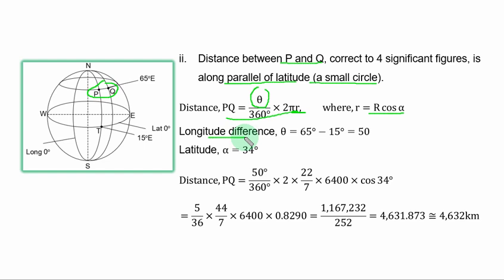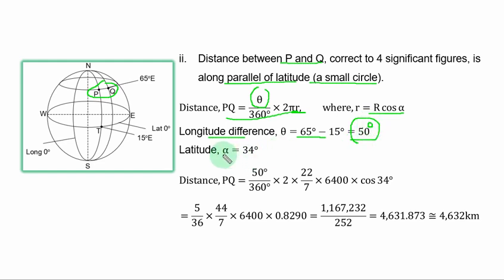Since the points are on the same side of the equator, that is P and Q, the angular difference is through subtraction. So you have 65 degrees minus 15 degrees, and that is 50 degrees, the angular difference.